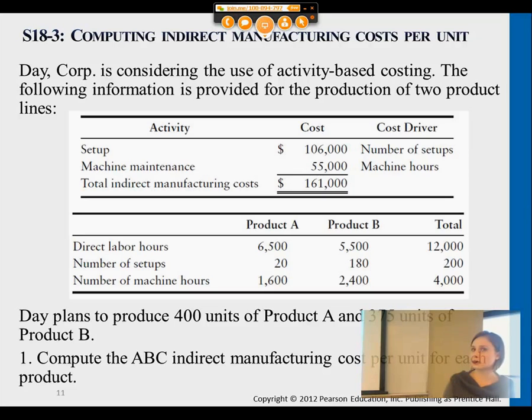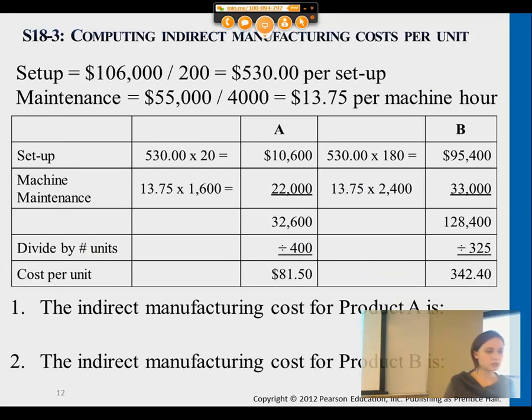Okay, so let's go through it. What are we doing here? First, we want to identify what is being asked: our cost per unit. This was given to us.